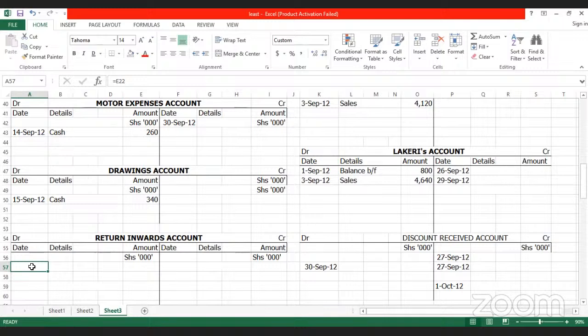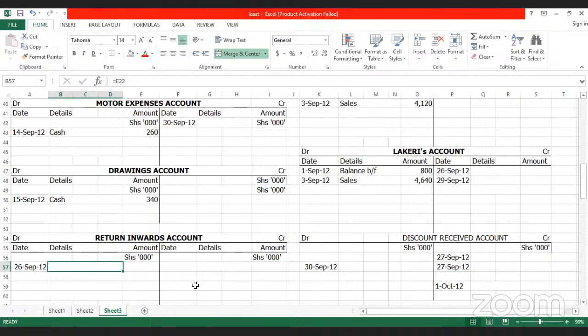26 September 2012. Who are those customers who returned goods? Lakeri and Maido.